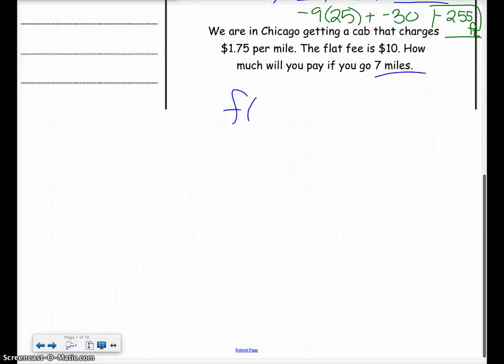So here's how I started. I always start with blank x plus blank. Okay, what's my rate? What changes? Miles, right? A cab can bring me 1 mile, a half a mile, a block, because I'm too lazy to walk a city block or something.